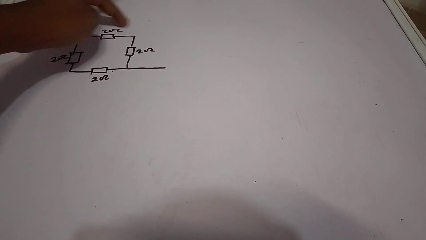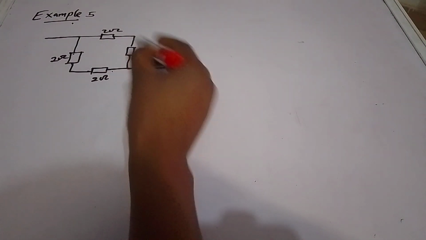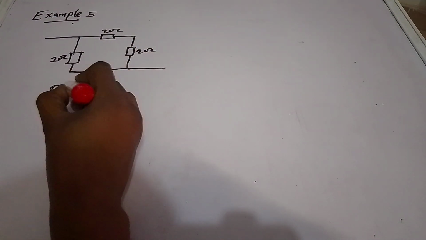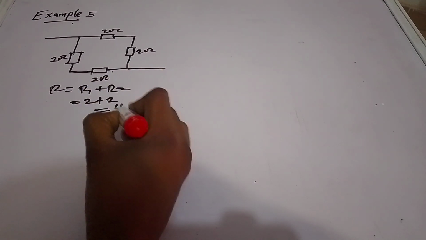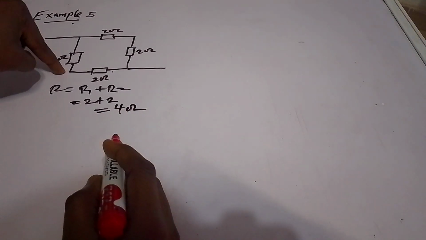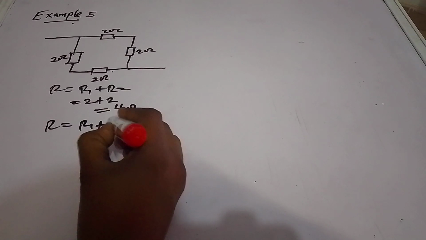So let's solve this series and then have a simplified circuit. For this connection, we are going to have R equals R1 plus R2. So we are going to have 2 plus 2, which is 4 ohms. For this side, we are also going to have R equals R1 plus R2.